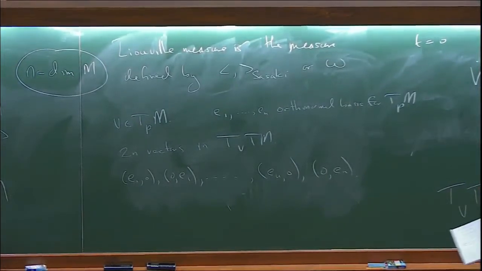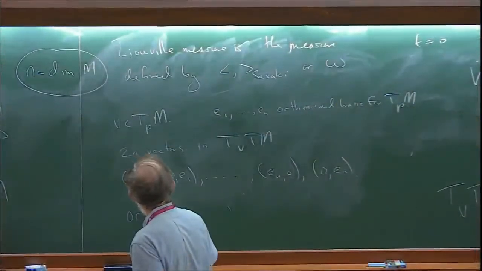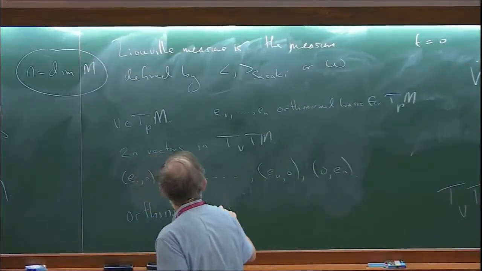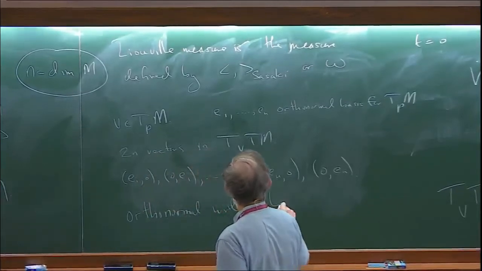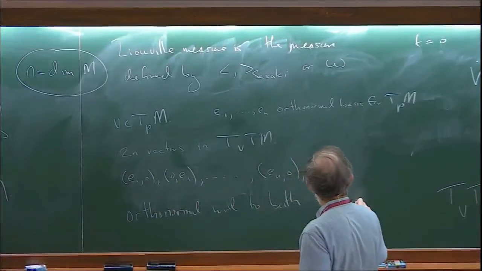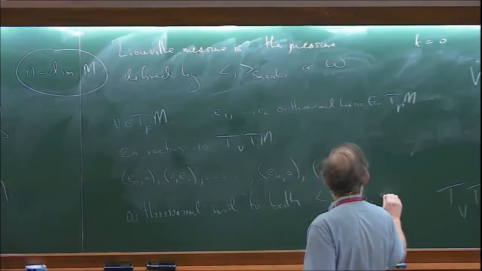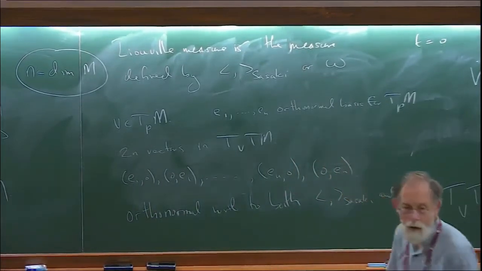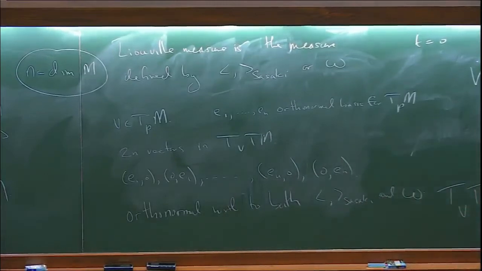Oh, and this is also obviously a basis. So these guys I'll say are orthonormal with respect to both the Sasaki metric and our 2-form. So I don't know what the right word for symplectically orthonormal is, but you know what I mean.